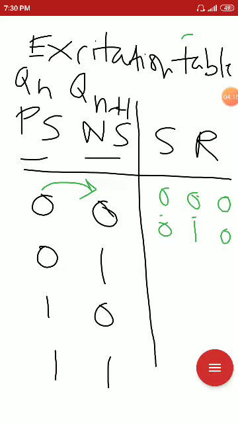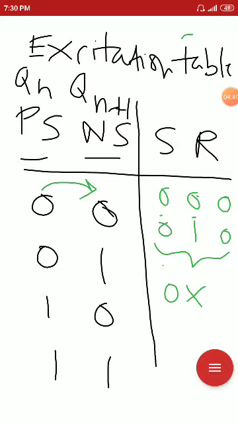From these two, we can see that S is always 0 here, and R can be either 0 or 1. So we need not consider R, because it can be either 0 or 1. We can take it as don't care.